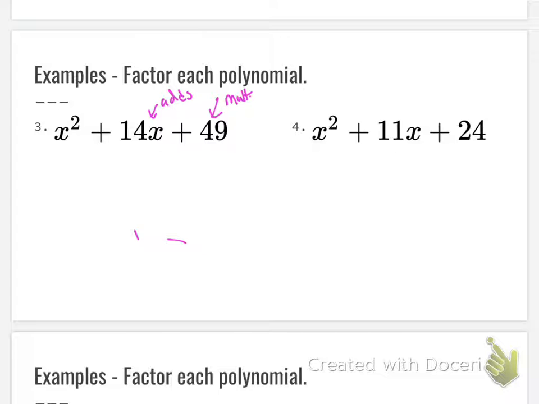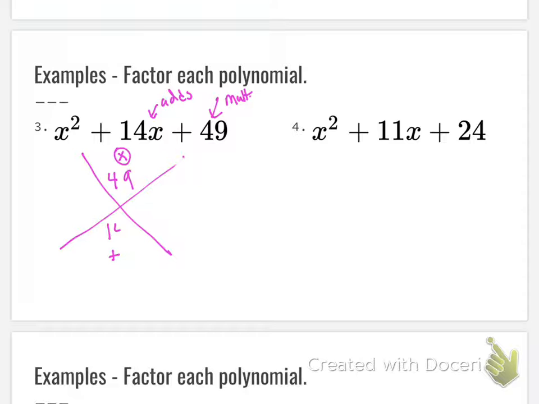So multiplies to give us 49, adds to give us 14. We're going to create that x. In the top, it's what multiplies. The bottom, what adds, so it multiplies to give me 49, adds to give me 14. I'm going to list out my factors of 49.